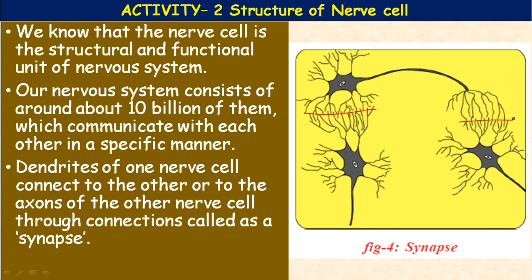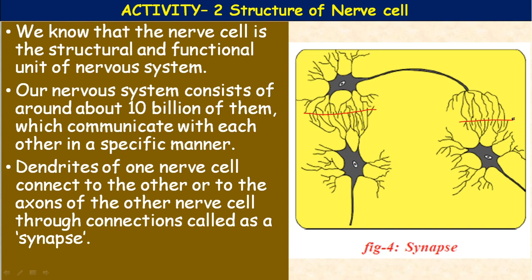Okay. What is the use of that synapse? For effective nerve transmission. Synapse is a junctional region between two neurons where information from one neuron is transmitted or handed over to another neuron.